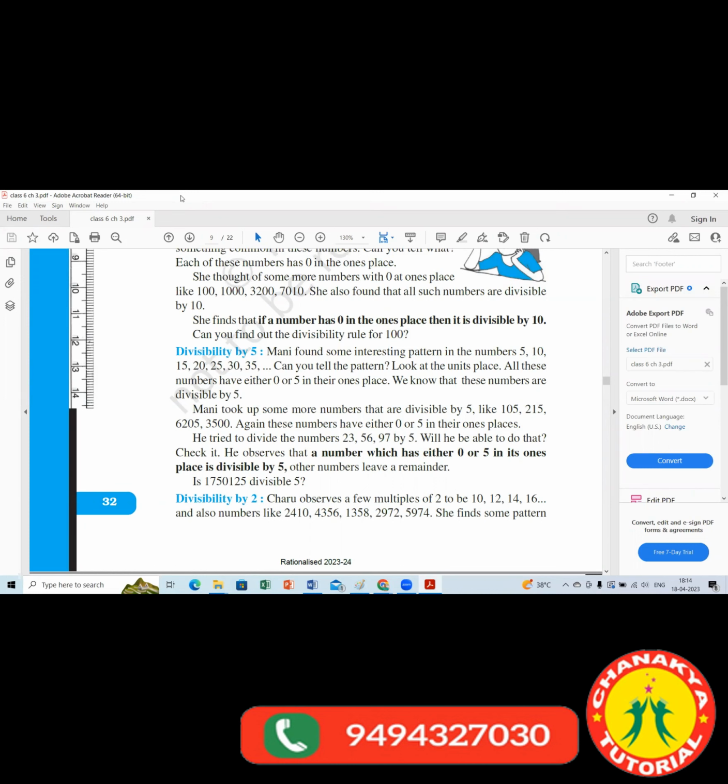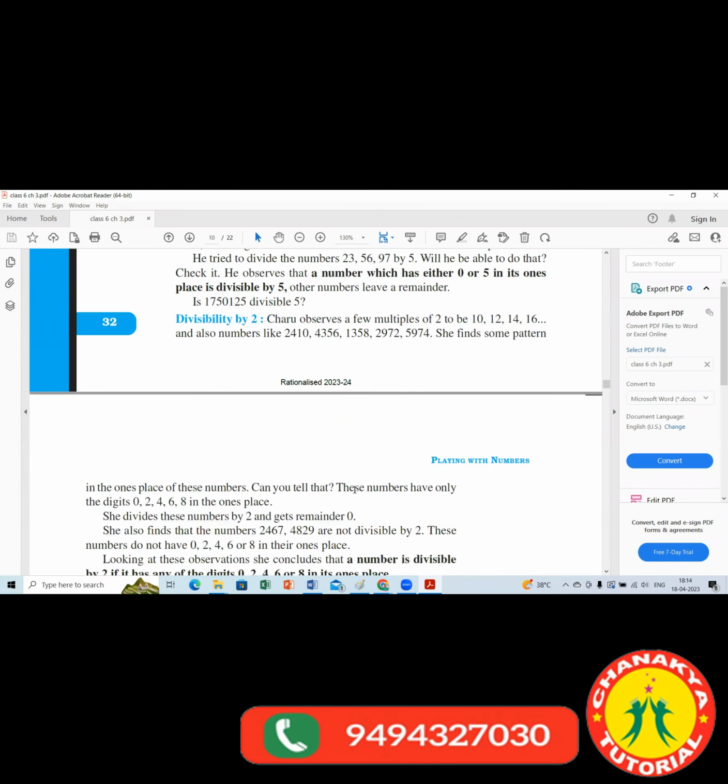Ma'am, if a number is even, or a number whose last digit is an even number, including 0. The last number is an even number. Very good. The ones place digit should be even. Good, Ashwath. And that's about divisibility rule 2.